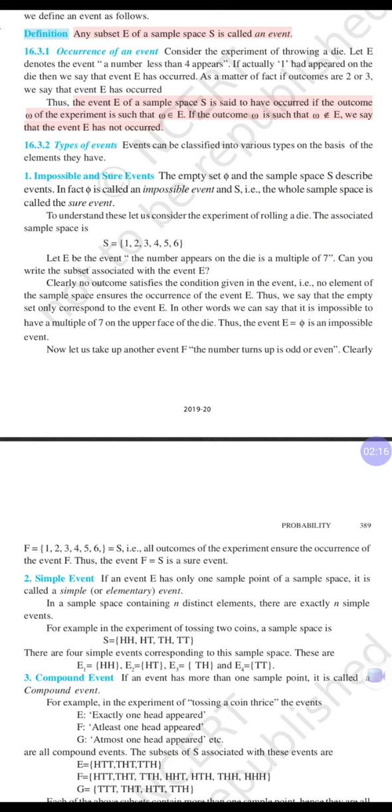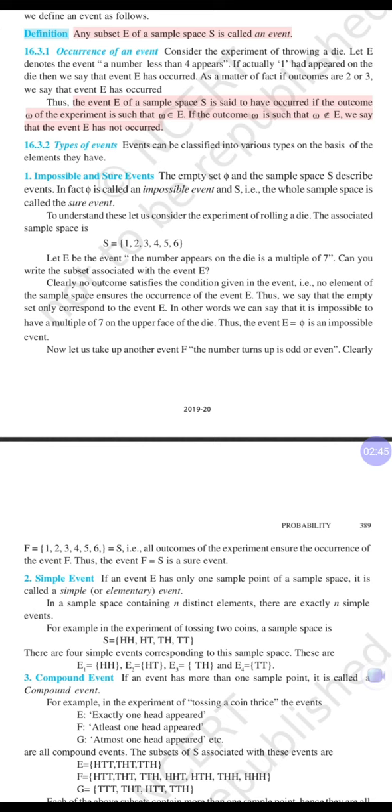Now let's talk about occurrence of an event at the top of your screen. If we say some condition, and that condition is satisfied within the sample space. Let us say in the middle of the screen you have S equal to 1 2 3 4 5 6.